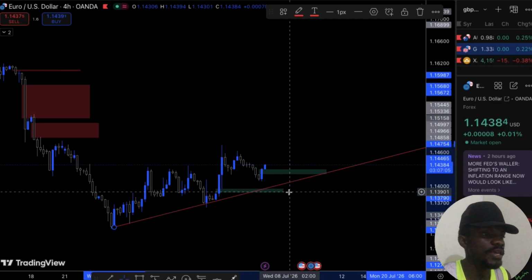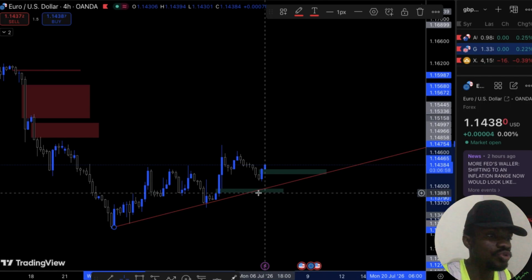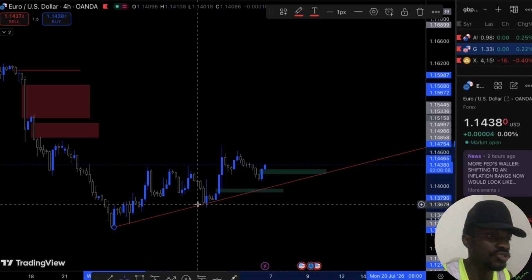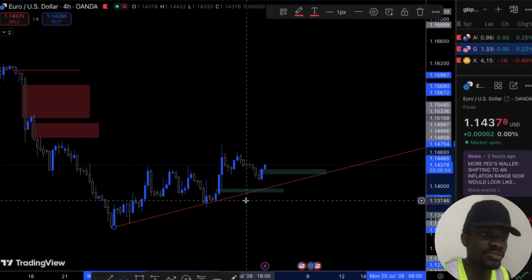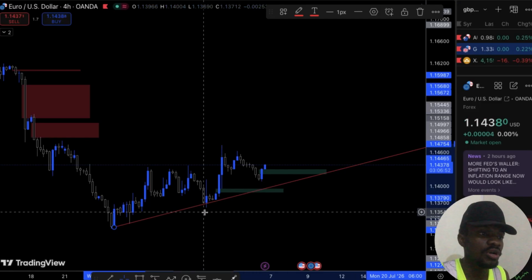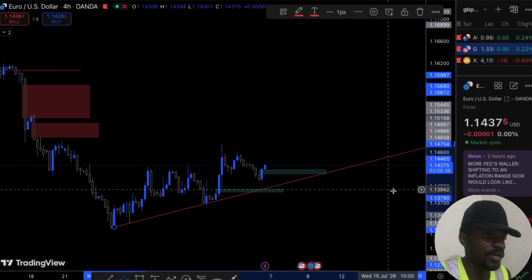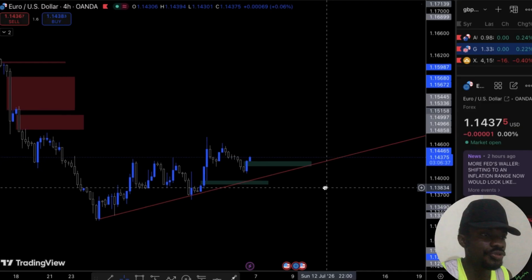And the next thing that you have to do is to make sure that you have the trend line sit on the candle body. You shouldn't let the wick touch. We are looking for a body touch, not a wick. So you can get the wicks out. Then what do you do next?